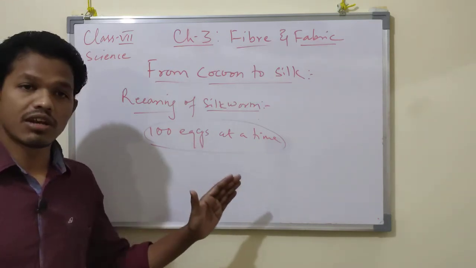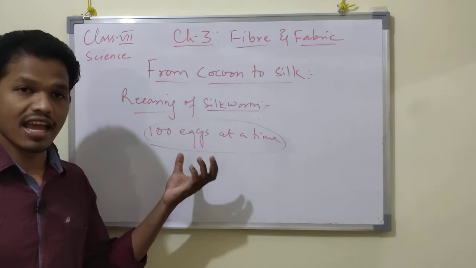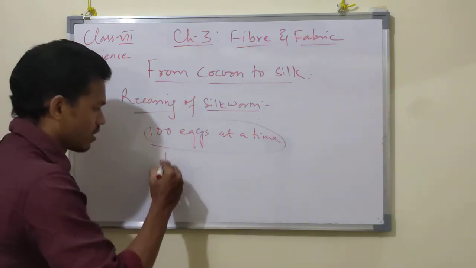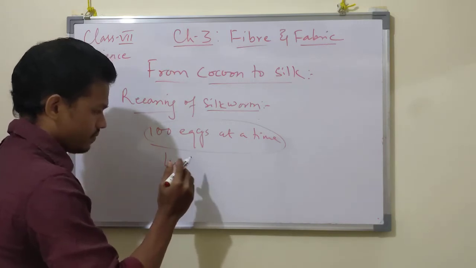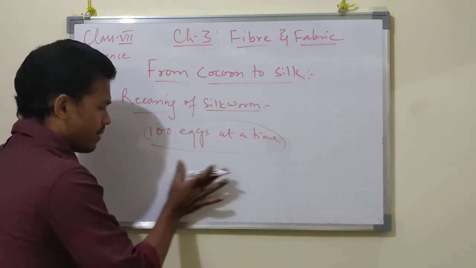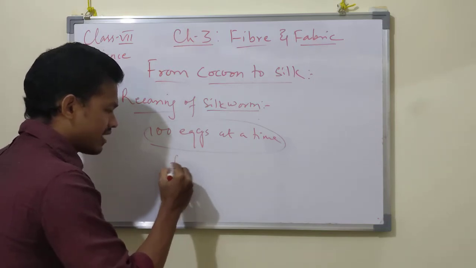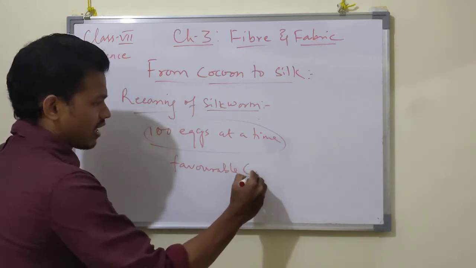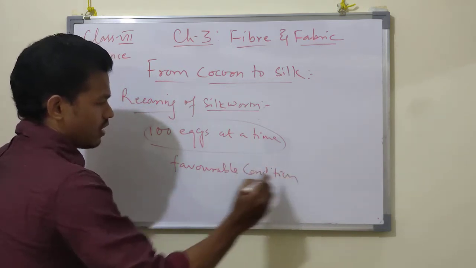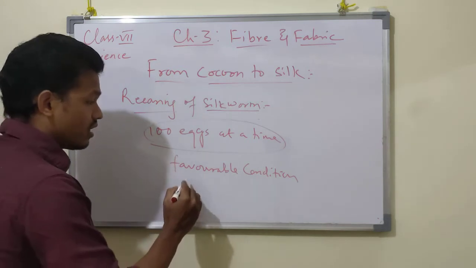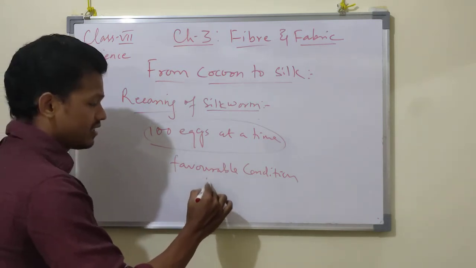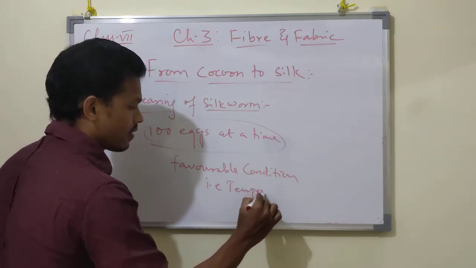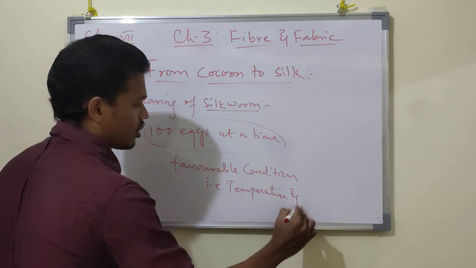As they are given to the silkworm farmers, the farmers take these eggs and keep them in a hygienic and favorable condition, that is, at a favorable temperature and humidity.